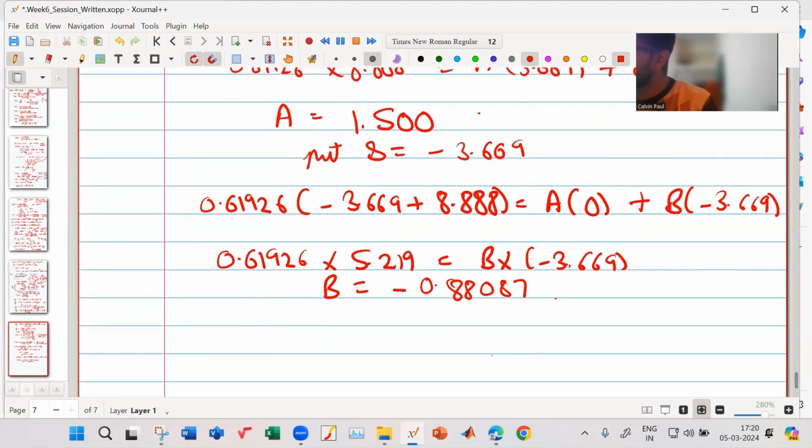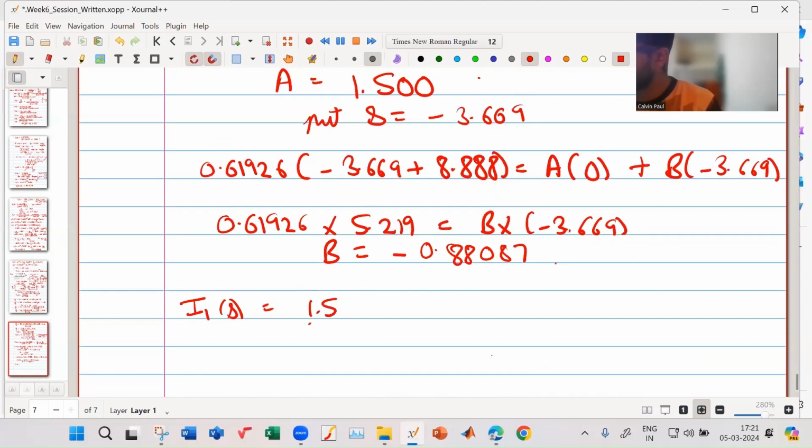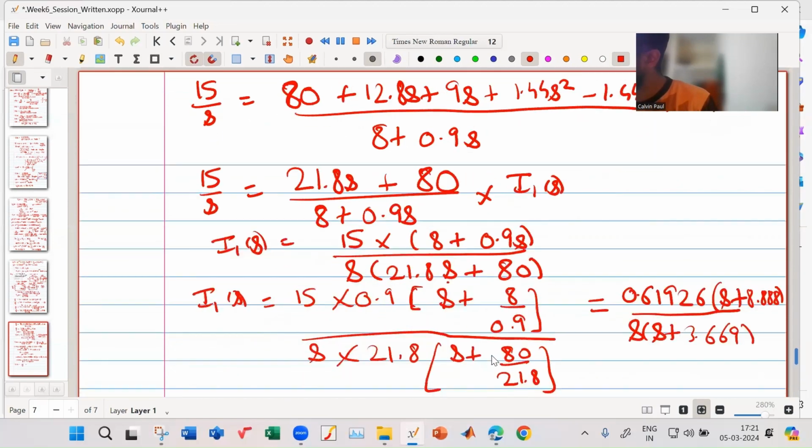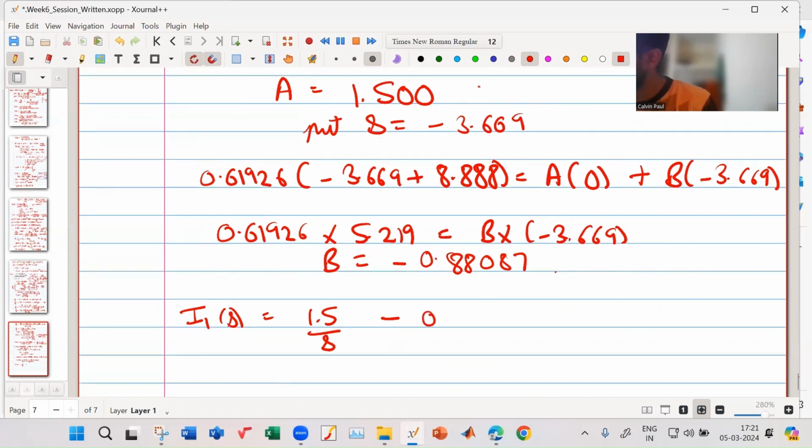So I found the value of A and the value of B. I will substitute: I1 of S is equal to 1.5 divided by S, minus 0.88087 upon S plus 3.669.